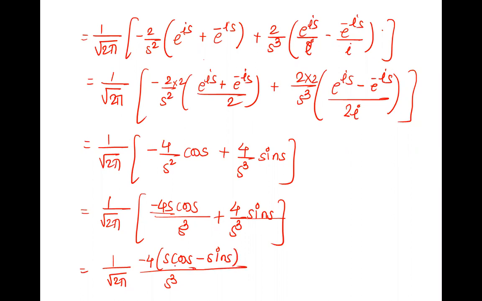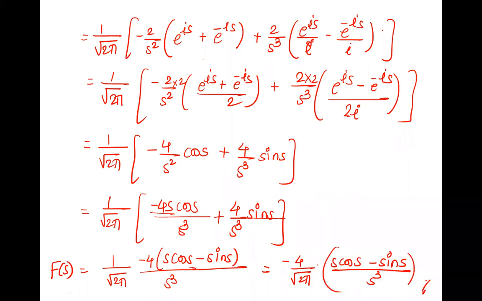We need this term x cos x minus sin x upon x cube. Are we getting it now? Yes, right. So this is your Fourier transform. If you want to simplify, we can just write -4 upon root 2 pi, s cos s minus sin s upon s cube. This is the required Fourier transform.